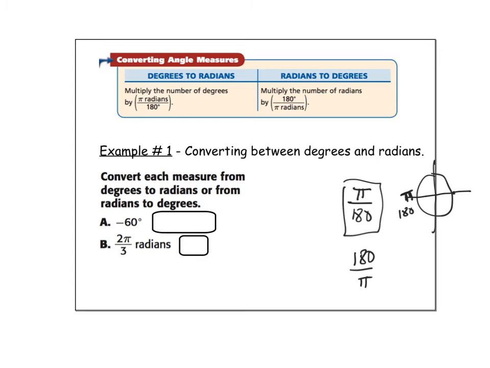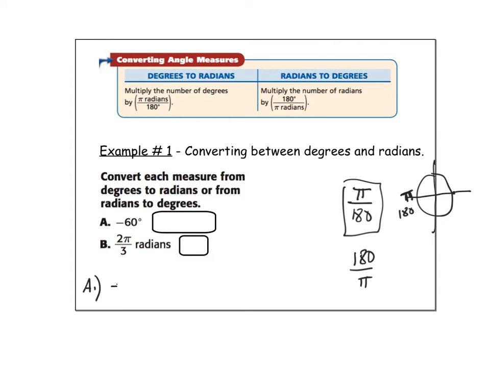So example A wants you to convert from degrees into radians. So we want it to end up in radians, so we want pi to be on top. So we're going to use this conversion factor here, and then degrees will cancel out. So it's really that simple.